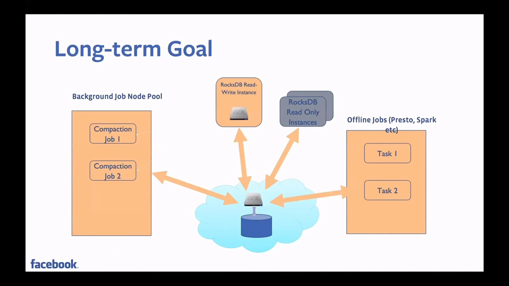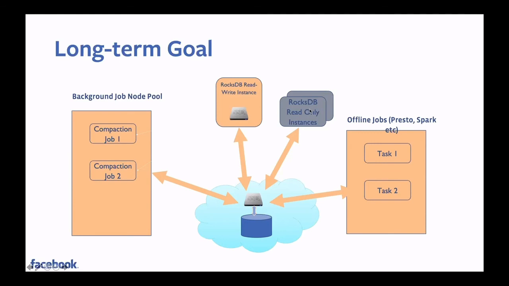We have shared storage, which maintains thousands of SSDs, HDDs, or even tape. That's a very complex storage pool. And then the RocksDB primary instance will store the data at the remote storage. And we can have hundreds or tens of RocksDB read-only instances to access the same data. So we can respond to the user through the read-only instances.